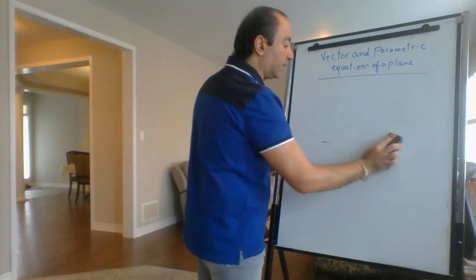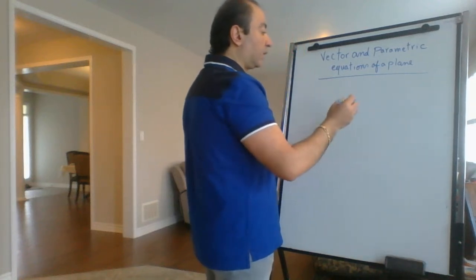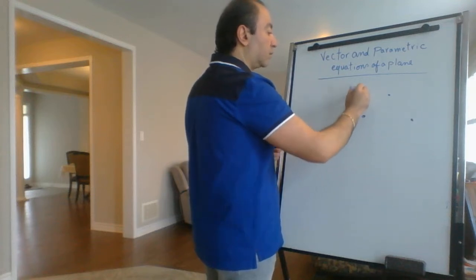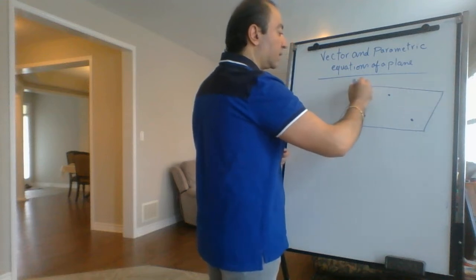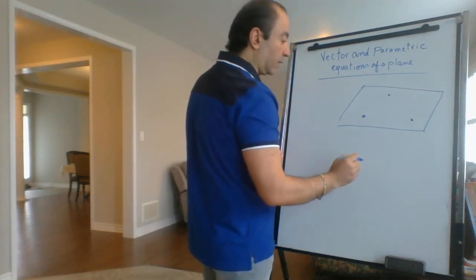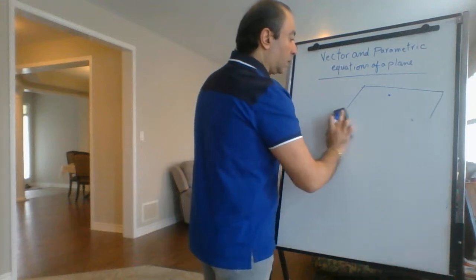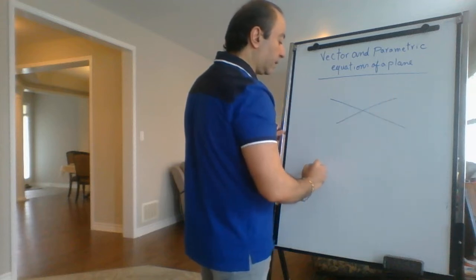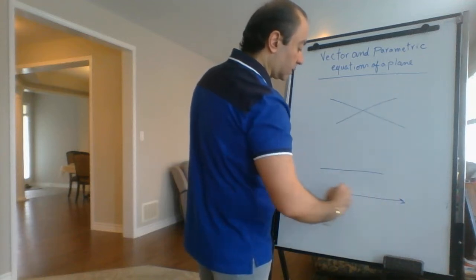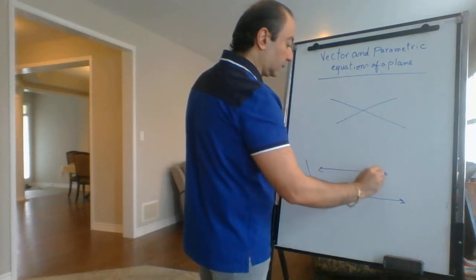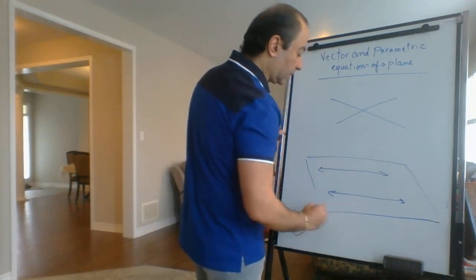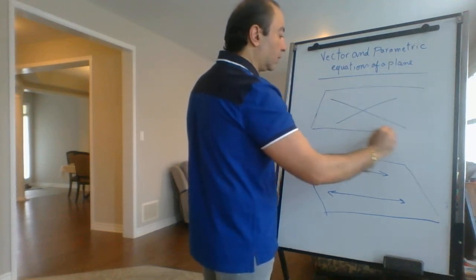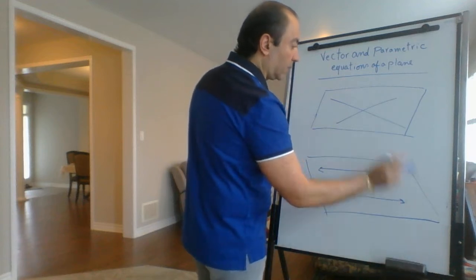Okay, now what makes a plane? If we have 3 points, this is enough to identify a plane that contains these 3 points. If we have 2 lines, intersecting or parallel lines, this is enough to identify a plane, because there is only one plane that will contain these 2 lines.